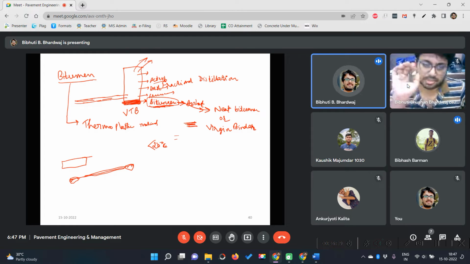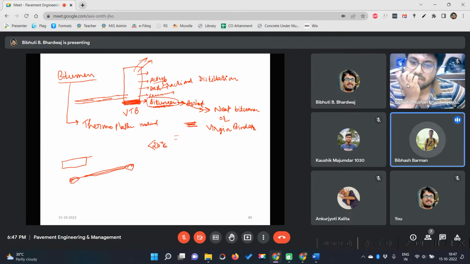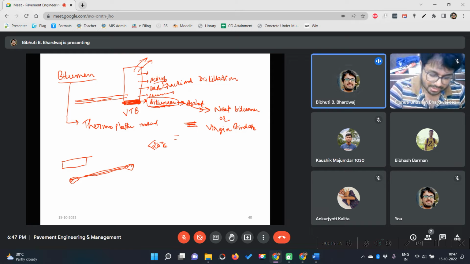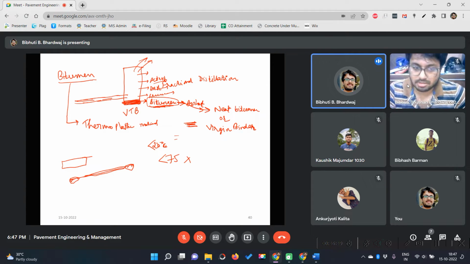See, every test will give you some result, except what? Acceptable, I guess. See, anything less than 75 is not acceptable. So, bitumen should have a minimum ductility value of 75 centimeter if you want to use it in SH or NH.